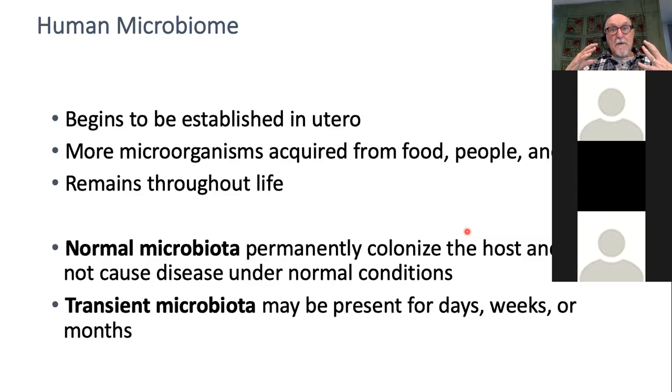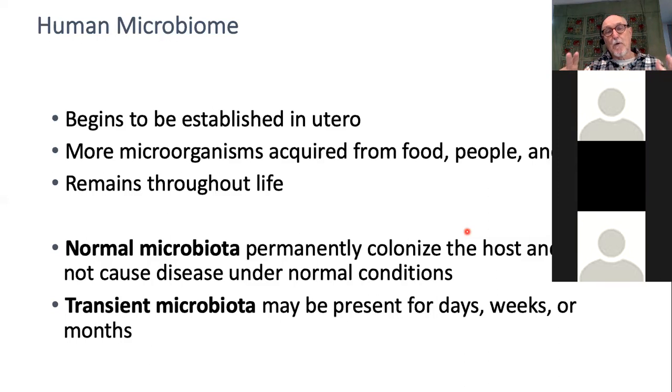An infant begins to establish its microbiota during birth. Its first exposure to major populations of bacteria is by vaginal birth. And as we'll see in a second, there are groups of bacteria which are specifically associated with that process.